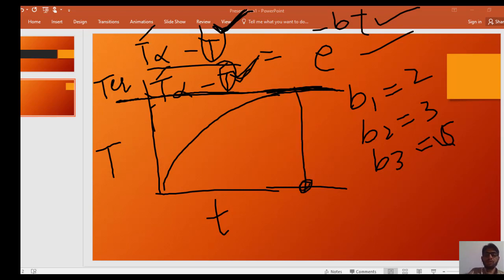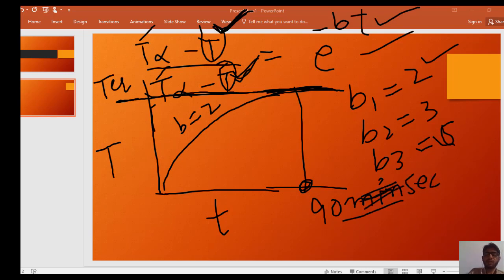Suppose for B equal to 2, the equilibrium time was, for simplicity, 90 seconds. Now if we consider another B, which is B3, suppose equilibrium is achieved in 70 seconds.